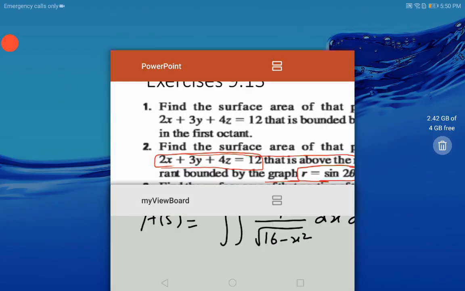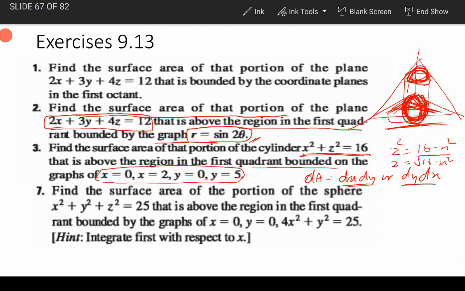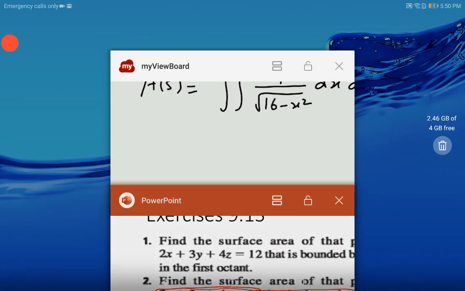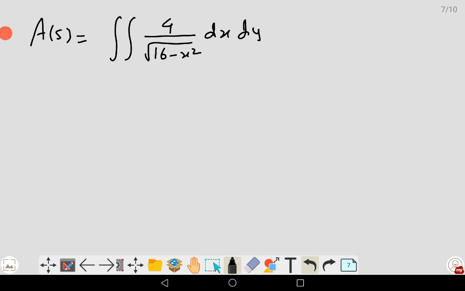Go back to the problem and check what is the limit of x and y. X is 0 to 2, y is 0 to 5, y is outer integral, isn't it? Okay. X is 0 to 2, y is 0 to 5.